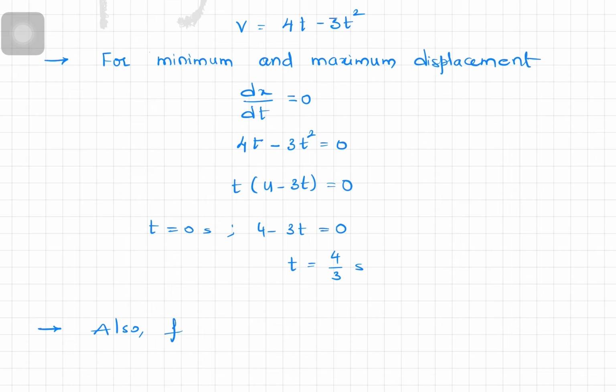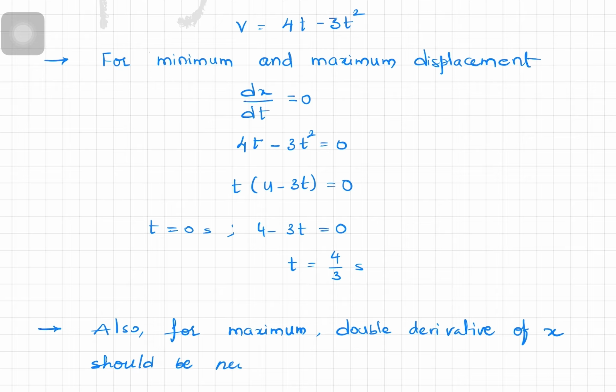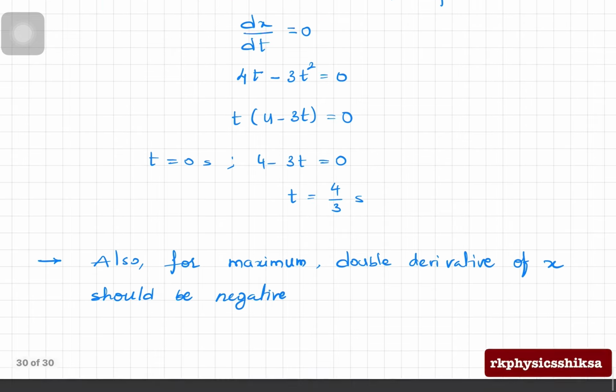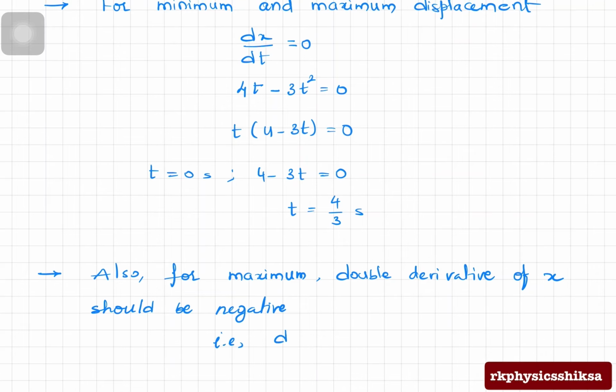For maximum, the double derivative of x should be negative, which is less than 0. That is, d square x divided by dt square should be less than 0.